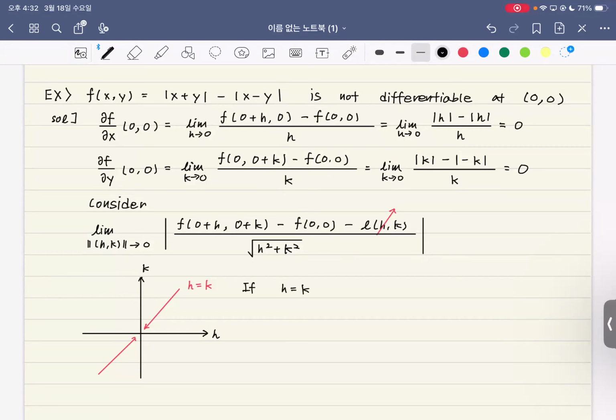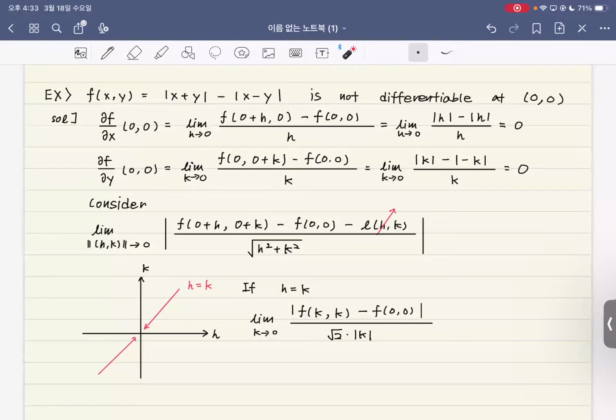If h and k are the same numbers, then the condition that the length of the vector h, k tending to 0 is equivalent to k equals to 0, and f(k, k) minus f(0), and this is the square root of 2 times the absolute value of k.